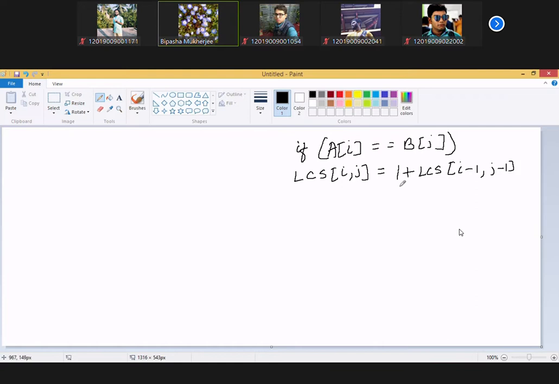Here LCS is a matrix, you can understand. A and B both are strings. If things are matching, then at IJ, say, this is a matrix.